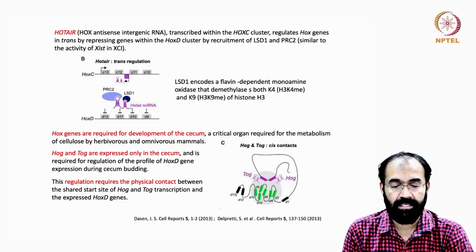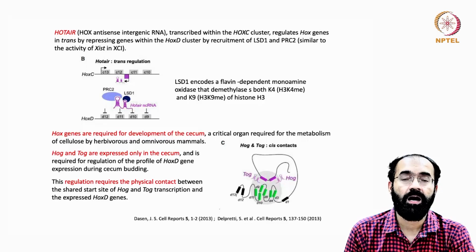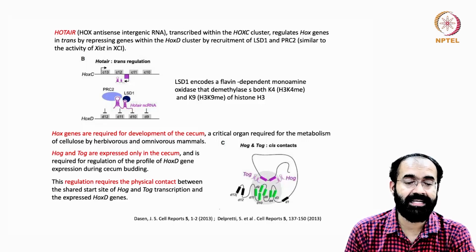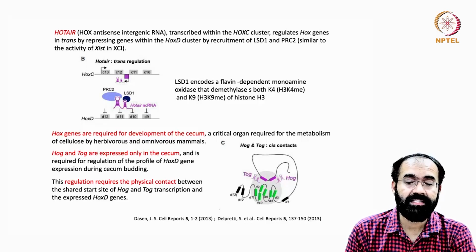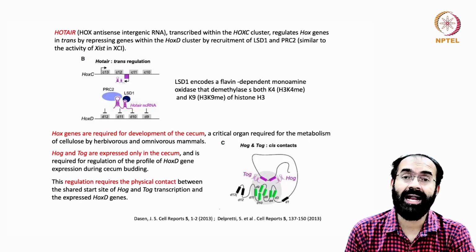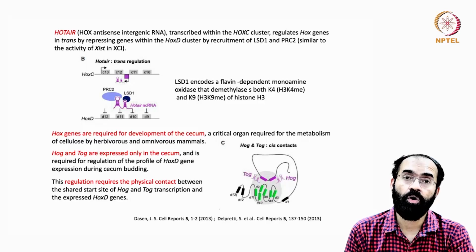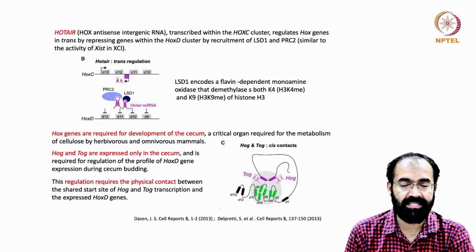Let us see the role of HOTAIR. The name says HOX antisense intergenic RNA. So it is transcribed within the HOXC cluster. It regulates HOX genes in trans by repressing within the HOXD cluster by recruitment of LSD1 and PRC2, and it is similar to the action done by Xist at the X chromosome inactivation center.